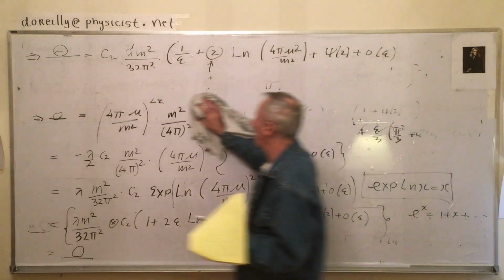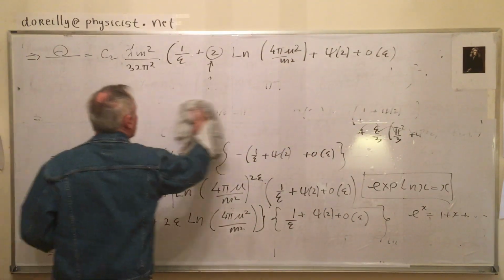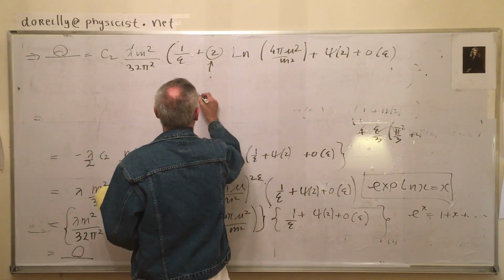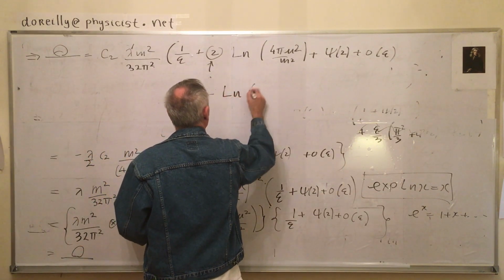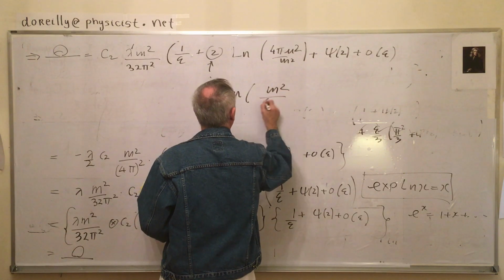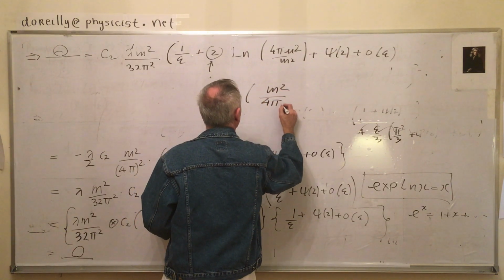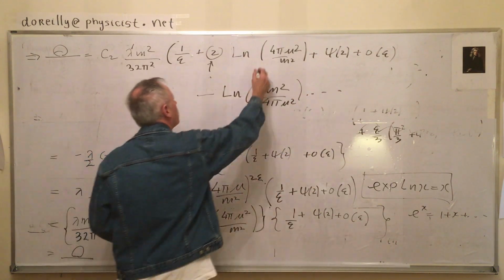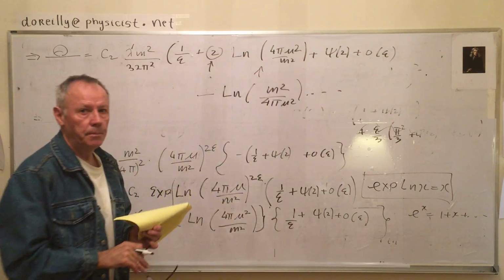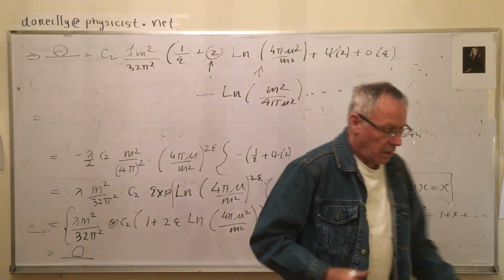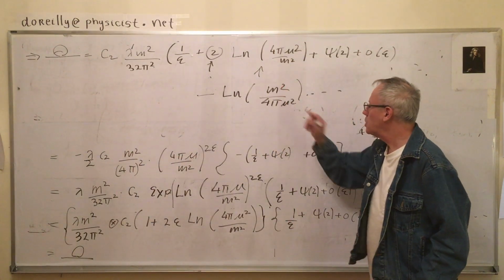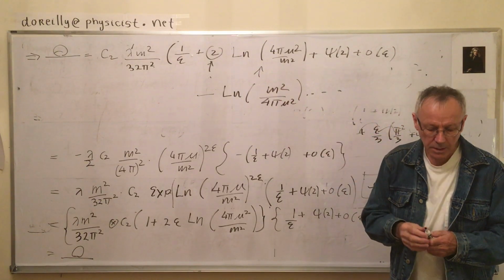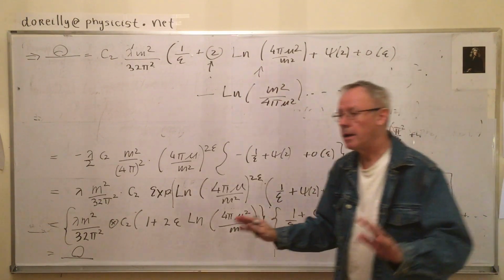Got to move on. Now it's traditional to write this, not like that, but like minus this, for reasons that we'll see later. Okay? All right. Now the m squared over mu squared have dimensions of mass, so this is a dimensionless quantity. That's enough for now because I really had to rush through that and I run out of time.